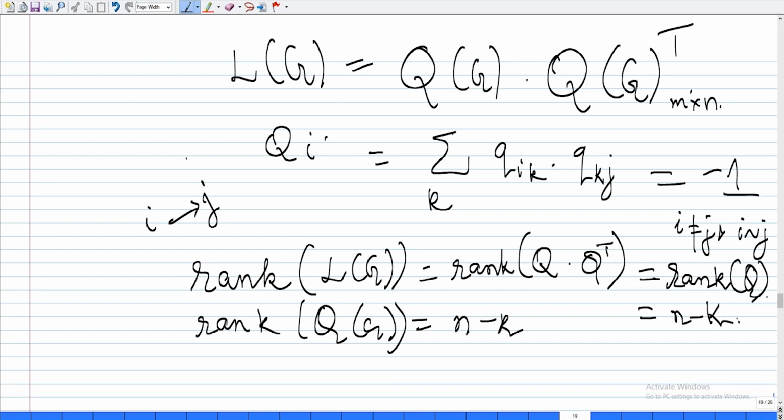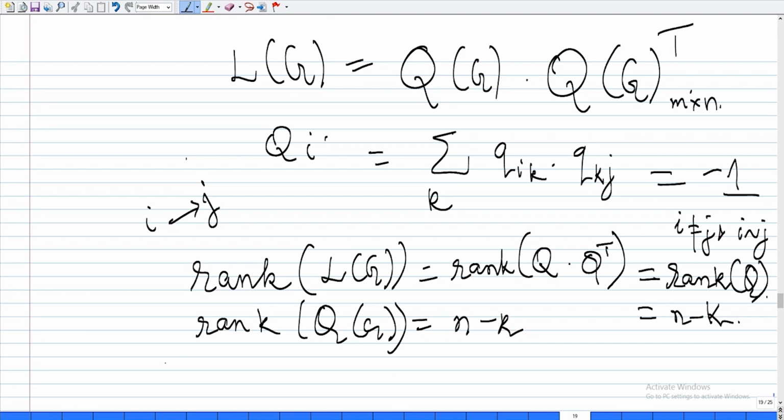So, from here what we can immediately observe is that when the rank is n minus k, we know that there are k 0 eigenvalues, right. That is true, right. Connecting this to the graph, we can say that if G has k components, then my L matrix will have exactly k 0 eigenvalues, okay. So, the multiplicity of the 0 eigenvalue in the matrix gives us the number of components of the graph.